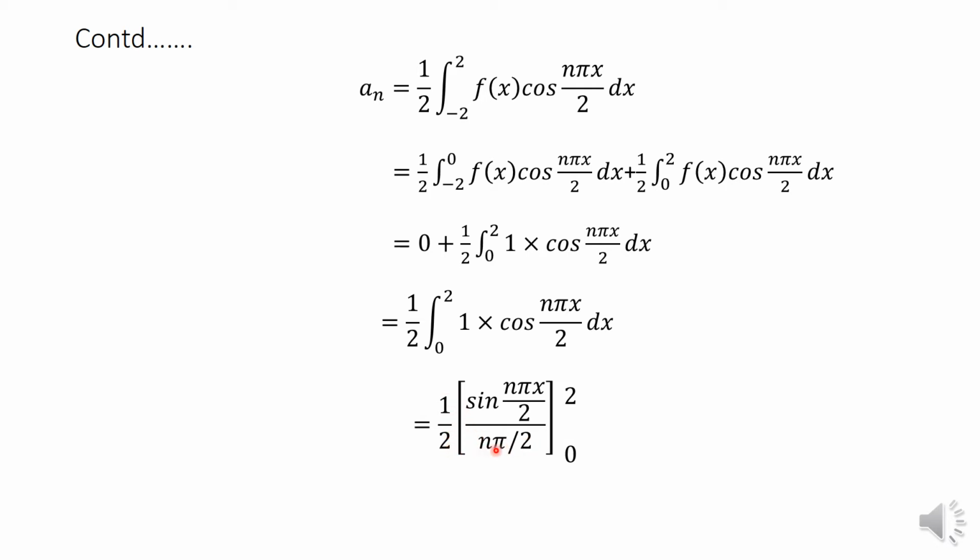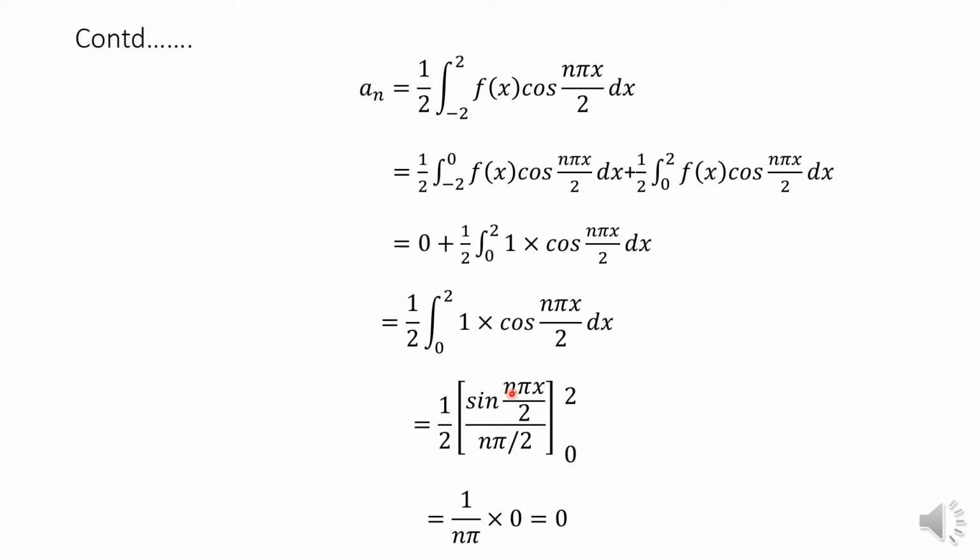We can take it outside to get the next step like this: 1 by n pi into, applying the limits of integration for x now. Upper limit, put x equal to 2 here, the 2 gets cancelled, and we get sin n pi.